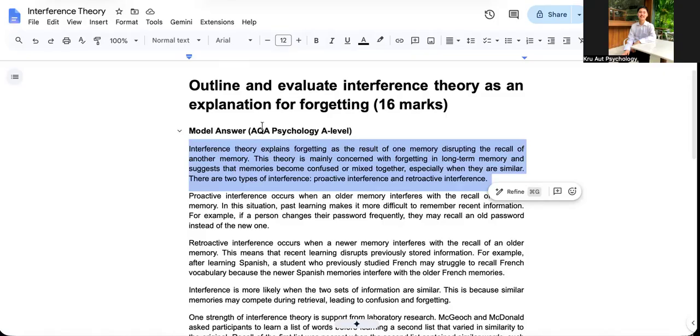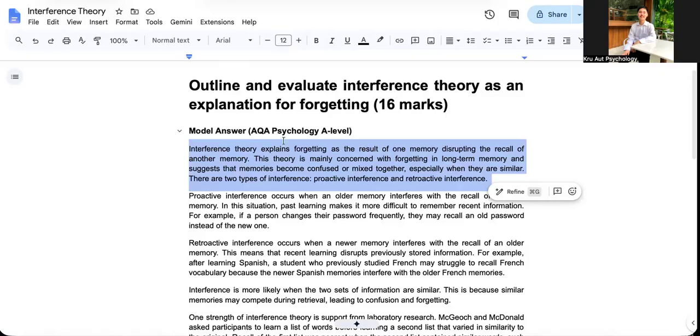Okay, so what's interference theory? Interference theory explains forgetting as a result of one memory disrupting the recall of another memory. This theory is mainly concerned with forgetting in long-term memory and suggests that memory becomes confused or mixed together, especially when memories are similar. There are two types of interference, proactive interference and retroactive interference.